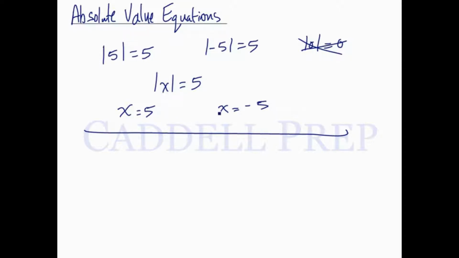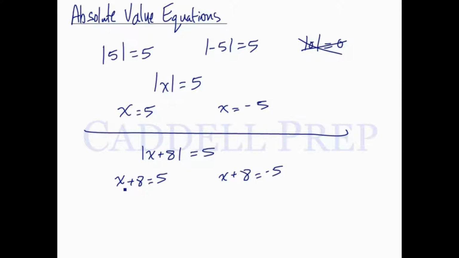Alright, so now based on the same concept, if we had the absolute value of x plus 8 is 5, we have two equations. Because this could be 5 and it'll work out, or this could actually be negative 5 and it'll work out. So we have that x plus 8 could equal 5, and x plus 8 could equal negative 5.